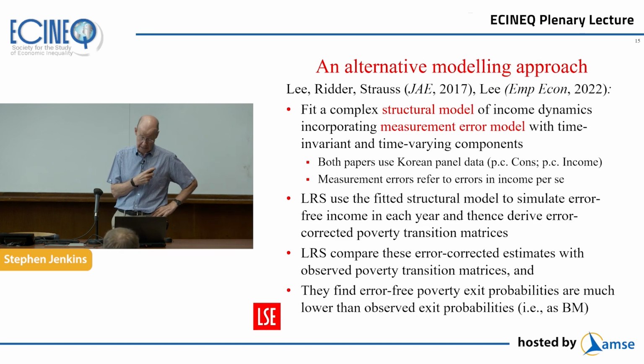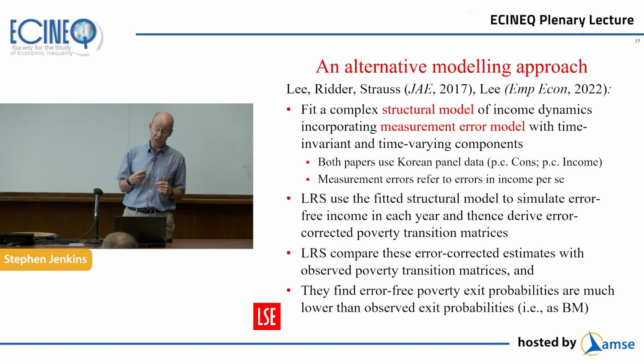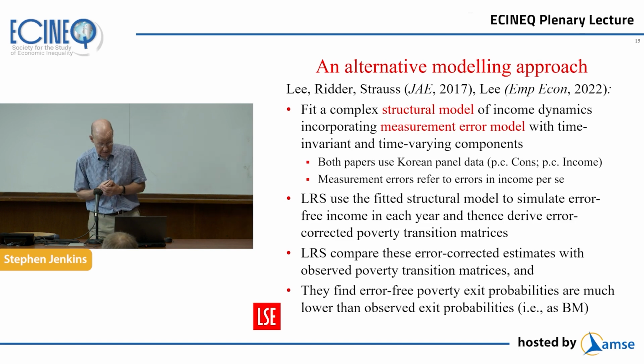And the measurement errors that they try to identify here, the process refers to errors in income per se. So this is closely related, by the way, if you're familiar with the literature, to Blundell, Pistaferri, and others looking at income risk and so on, where they use model assumptions to back out measurement error variances from the transitory error in their models.